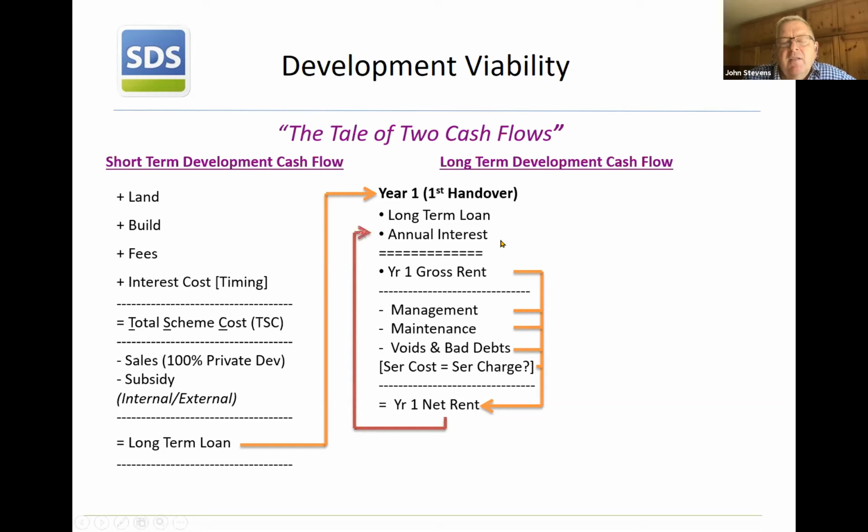Usually they prioritize paying the annual interest first, and if there's anything left over from the net rent, it eats away at the loan. And this is called the overdraft method that most housing associations use. Some local authorities use what's called an annuity method, where it's like a fixed payment eating away at the loan and the interest. But most housing associations have a rolling loan facility, and they're interested in meeting the interest first.